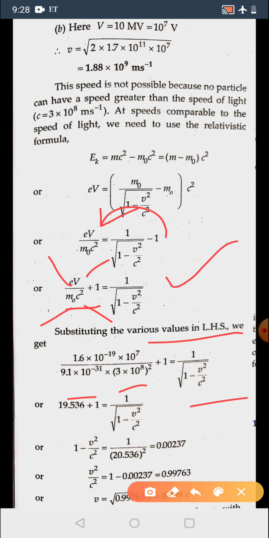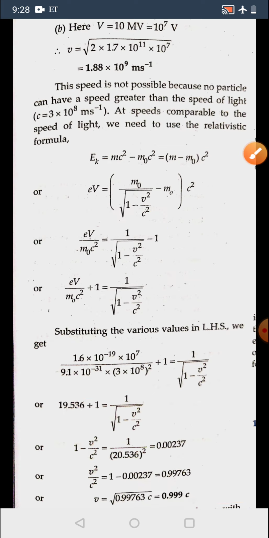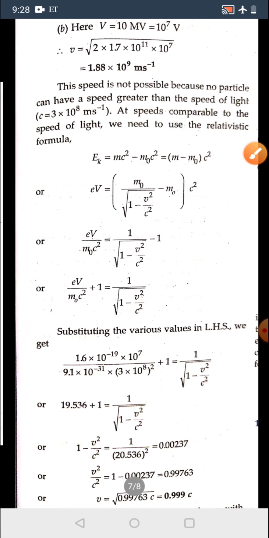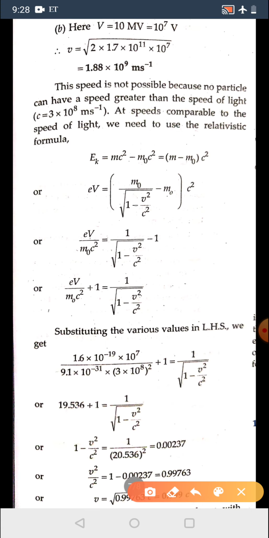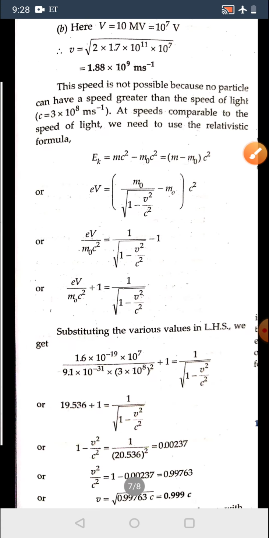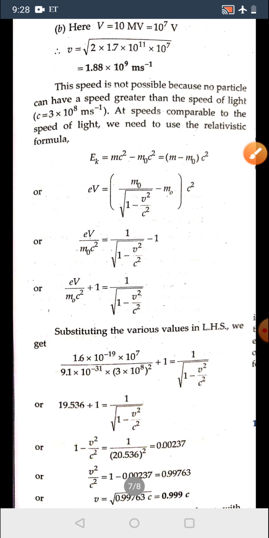So it is 19.536 plus 1 equal to this much, and by calculating it, you will get a speed very near to the speed of light, which is around 0.999 c. It means it is very close to the speed of light, but it is not achieving the speed of light.